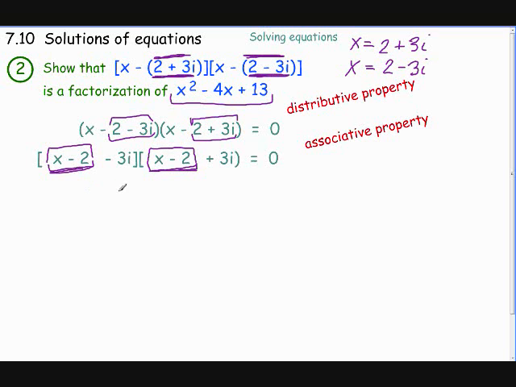And when we multiply this together, if we have conjugates, here's a difference, here's a sum, we can ignore the middle term, allowing me to say x minus 2 squared, and then negative 9i squared equals 0. And we're going to prove that this is a good factoring by showing that this is in fact equal to 0.